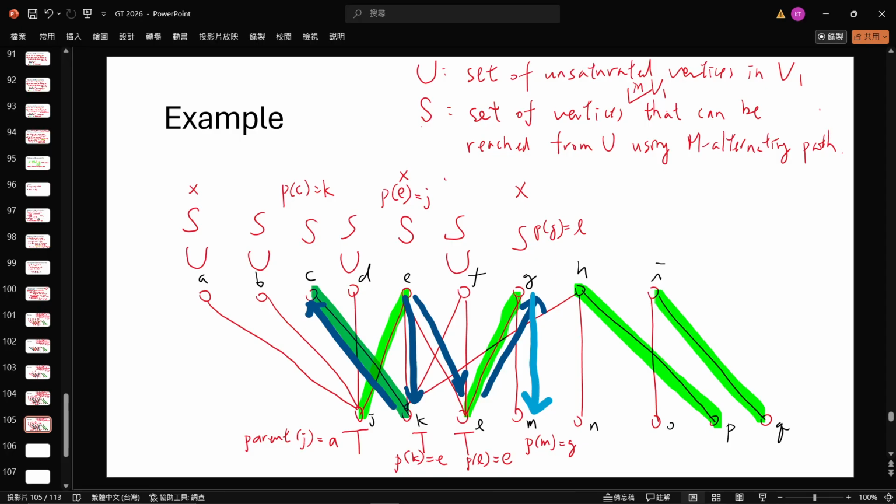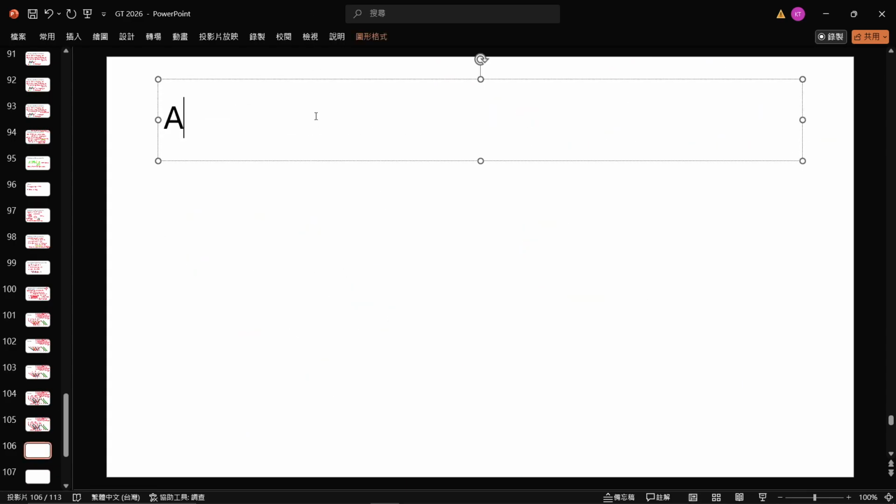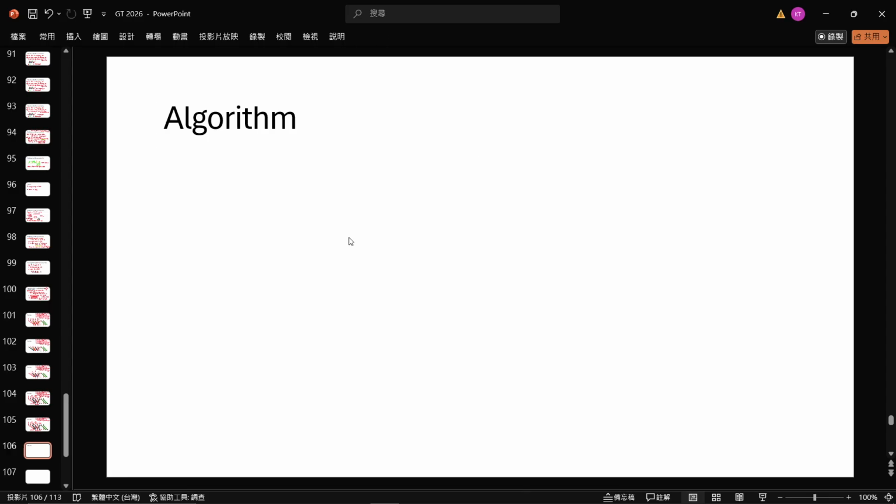To reach M, I have to use vertex G, to reach G I have to use vertex L, to reach L I have to use vertex E, to reach E I have to use vertex J, and to reach J I have to use vertex A. Then I can reconstruct the whole augmenting path. So that's basically the whole algorithm. For completeness, I'm going to write down the algorithm to make sure that we're on the same page.